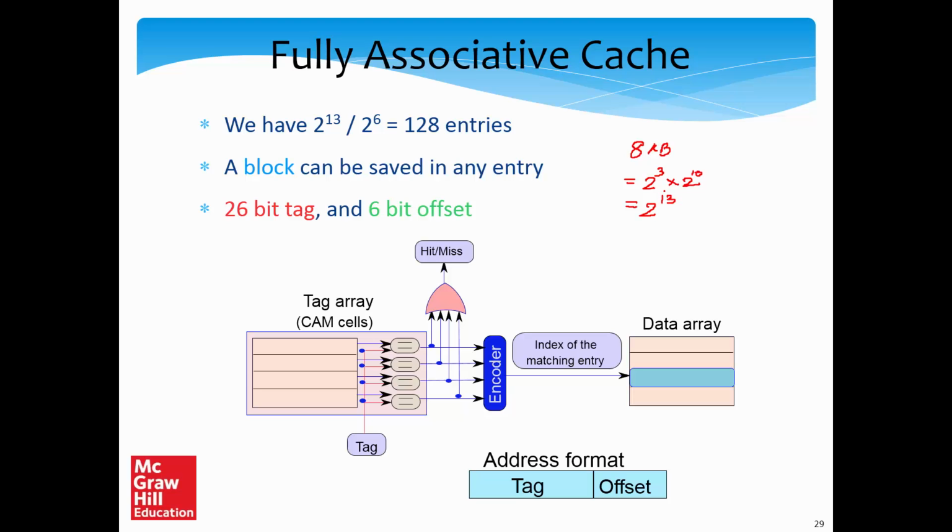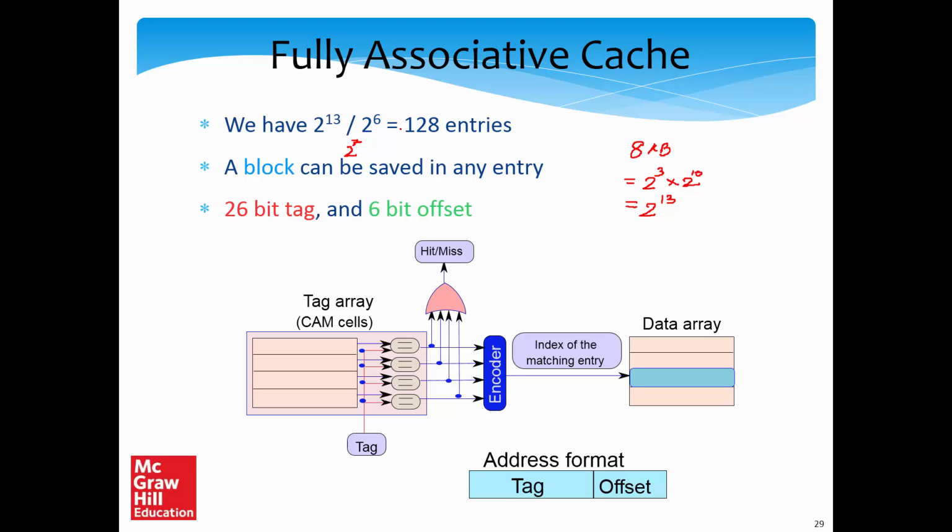This is the number of bytes that we have in our 8 kilobyte cache. And since one block is 2 to the power 6 bytes, 64 bytes, what is the maximum number of blocks that we can have in the cache? 2 to the power 13 divided by 2 to the power 6, which is 2 to the power 7. So 128. We can have 128 blocks, so the cache will have 128 entries.